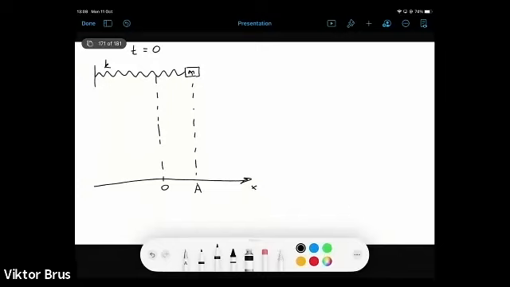We know that if we take such a system out of equilibrium, there will be a spring force. The spring force, Fs, is equal to minus kx.